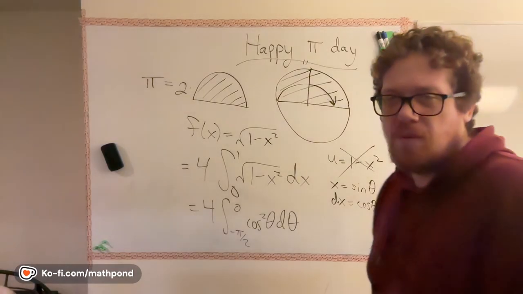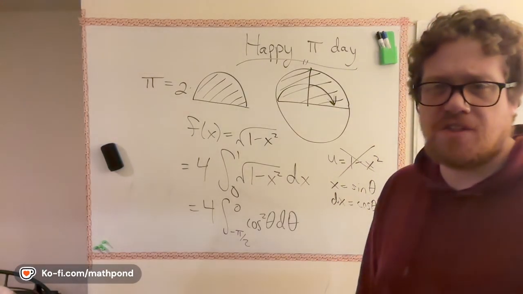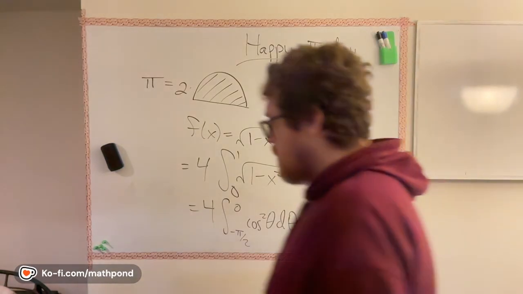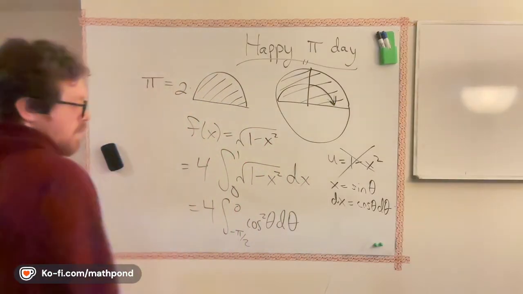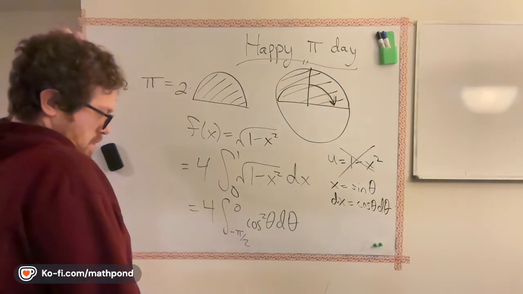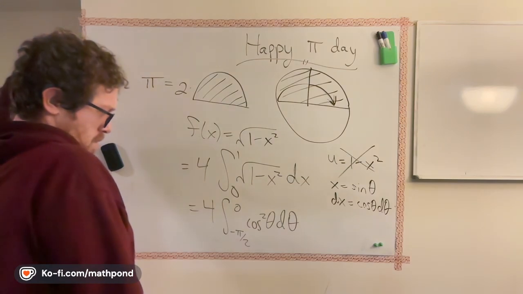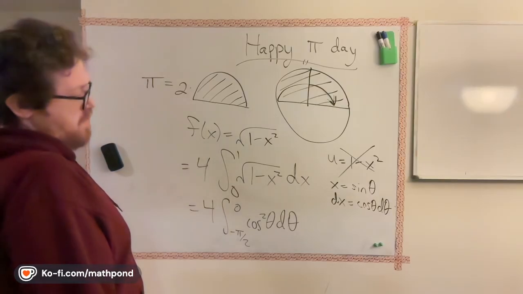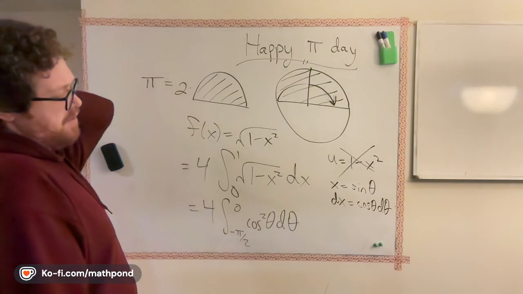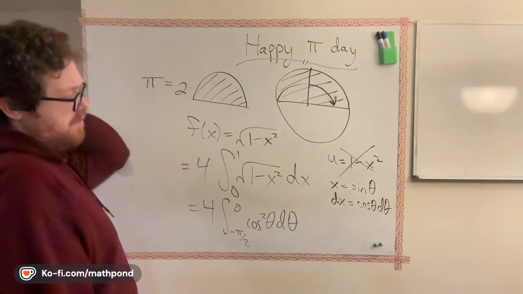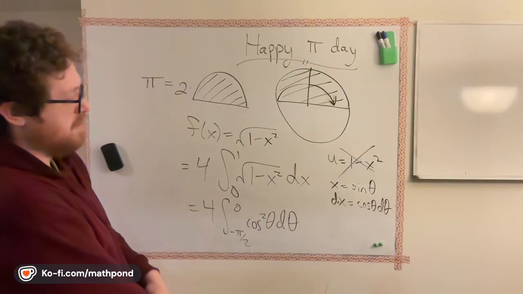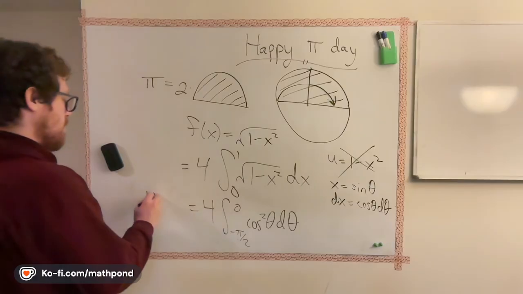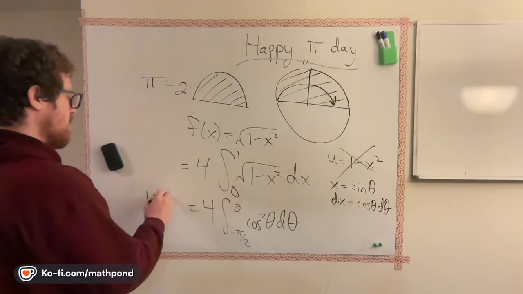I think there's a way to rewrite it as a sum. Is it 1 plus or 1 minus? I think it's 1 plus cosine of 2 theta over 2.